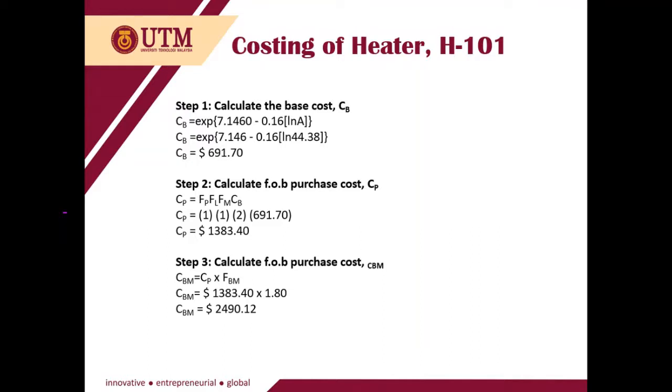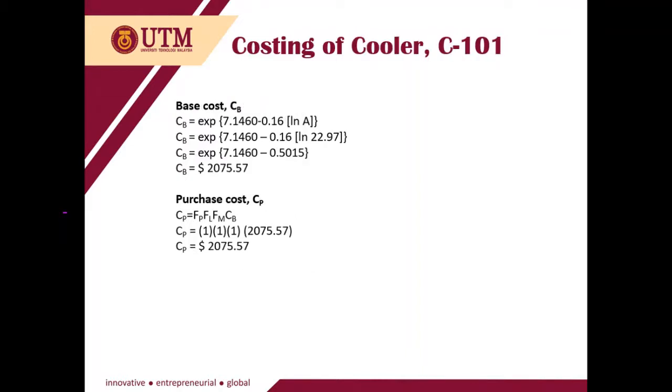The third step is to calculate the purchase cost on bare module, and the cost per module is around $2,000. Next is the costing of the cooler on cooler 101. First, calculate the base cost, which is around $2,000, and calculate the purchase cost CP. CP is around $2,000.